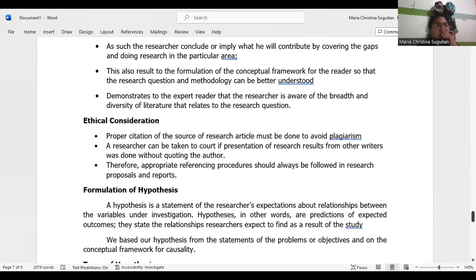Kaya, napansin nung reader, oh my goodness, this is my research. Everything in his or her study was from my idea and from my journal, okay? Tapos talo ka sa korte kasi hindi ka nag-cite ng maayos and then hindi ka naglagay ng maayos na reference. Okay? So pwede kang ipakaso, pwede kang makulong.